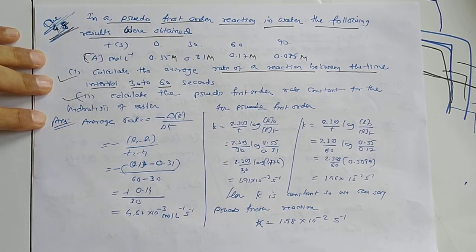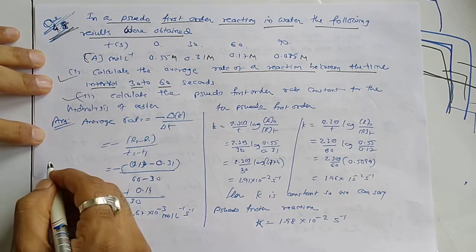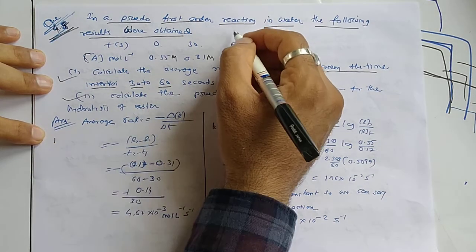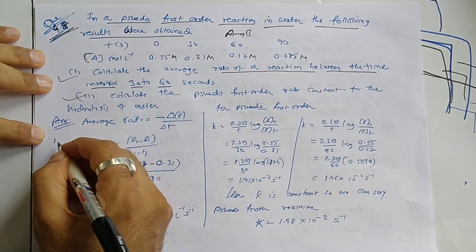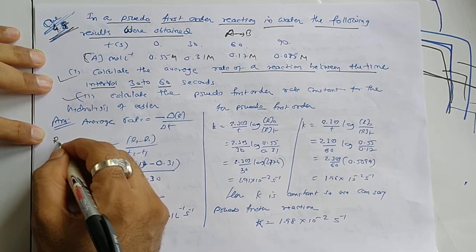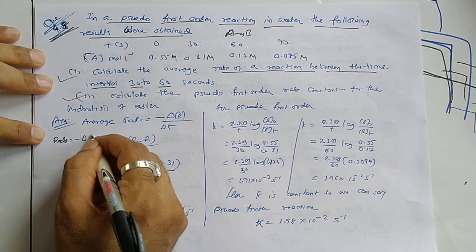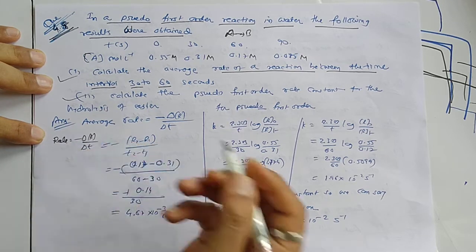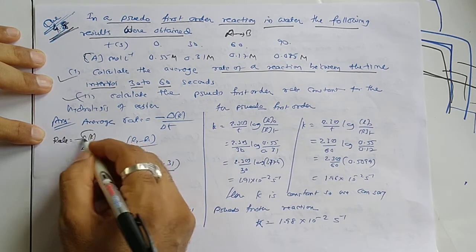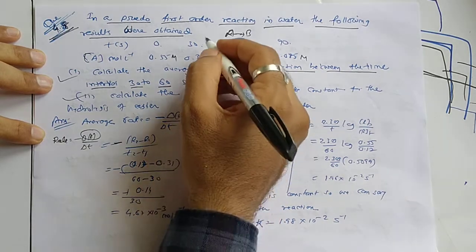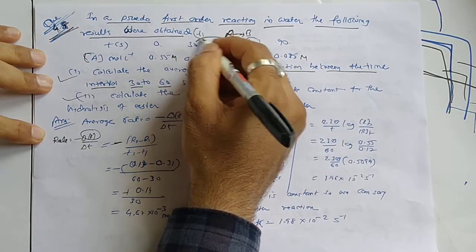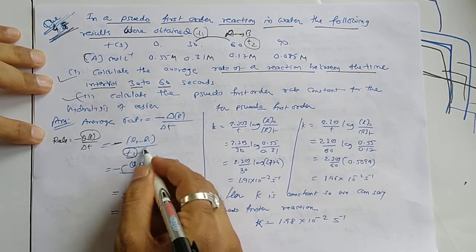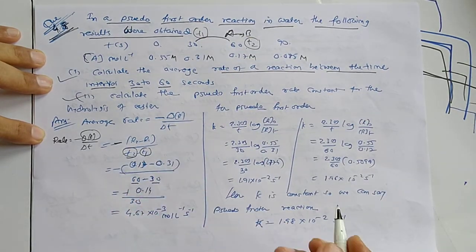So the first question, we know the average rate. Suppose our reaction is like this, A gives B. So rate of reaction will be minus delta R upon delta T, the change in concentration between T1 and T2. Here T2 is 60, T1 is 30. So T2 minus T1, 60 minus 30.